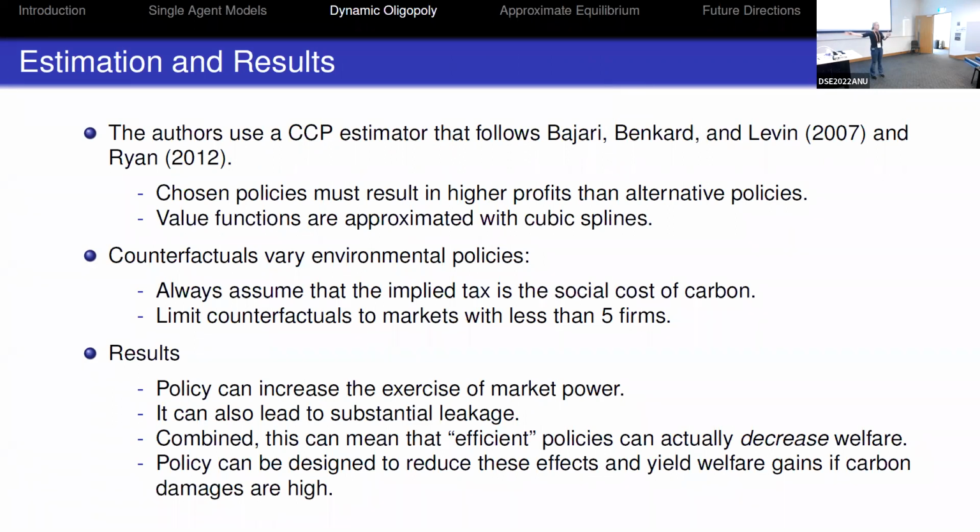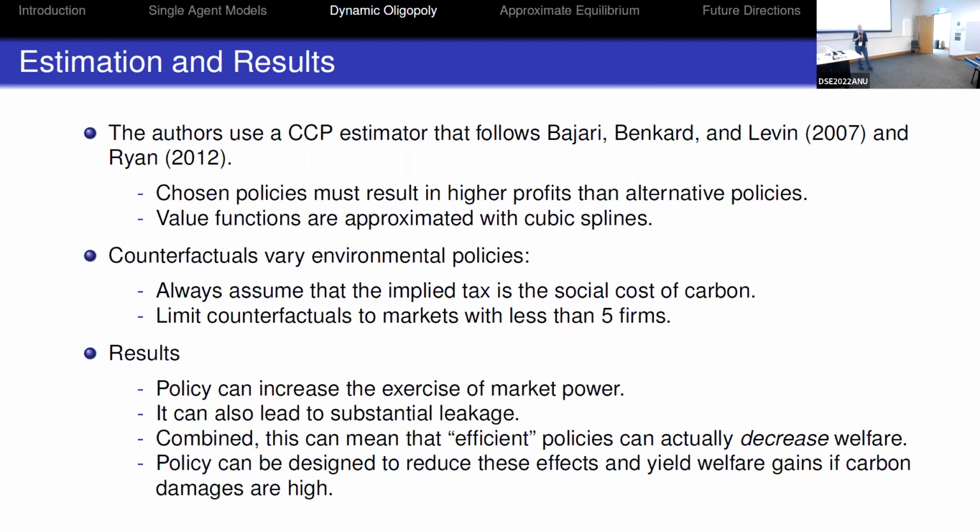And so we're going to choose a whole bunch of alternative policies, and those must have been worse, right? It's the basic setup of BBL. The value functions they're going to end up getting, they're only going to calculate the value functions at a set of points in the state, and then they're going to impose a functional form across them. This is a sort of interesting simplification.